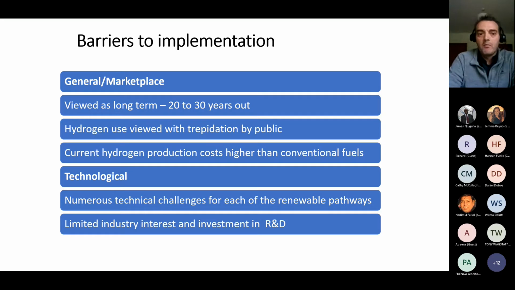There is industry interest, but slowly. The investment in research and development is also increasing, which is interesting, but infrastructure is something that we still need to work on.